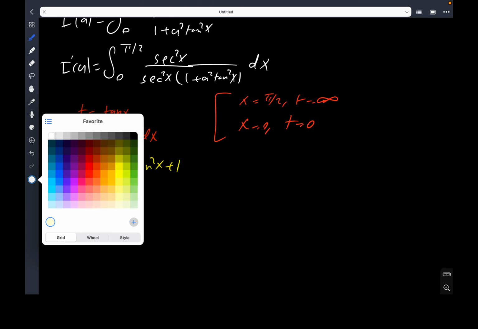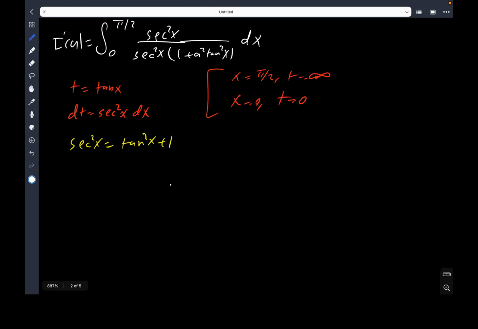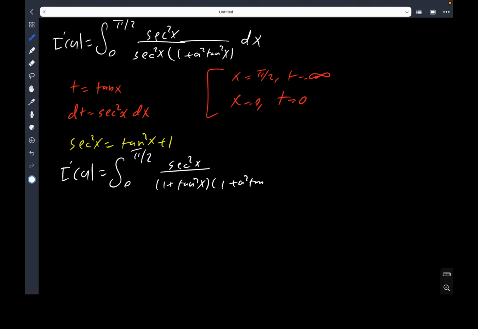Thus I'm going to change the form of this integral a little. Thus I prime of a is the integral from 0 to pi over 2 of secant squared x over 1 plus tan squared x over 1 plus a squared tan squared x dx.